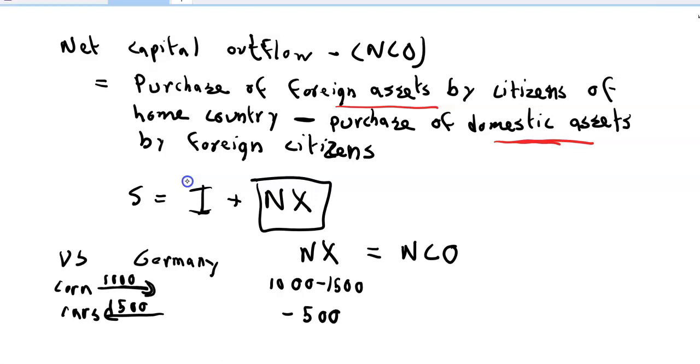If I think about it in currencies, I need 500 extra Germany's currency, which is euro, 500 extra euros in order to make this trade happen. So then, from NCO, the net capital outflow, basically what is happening is Germans are giving us money.